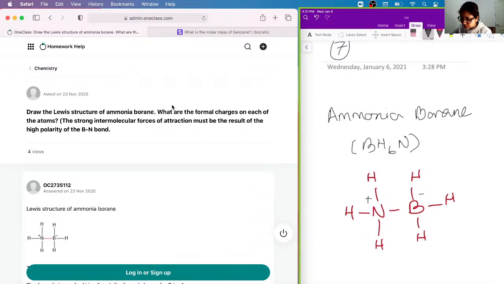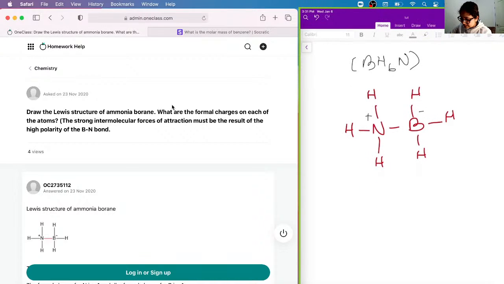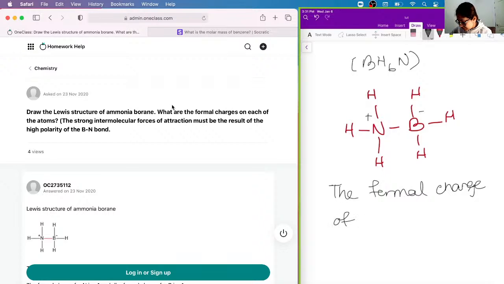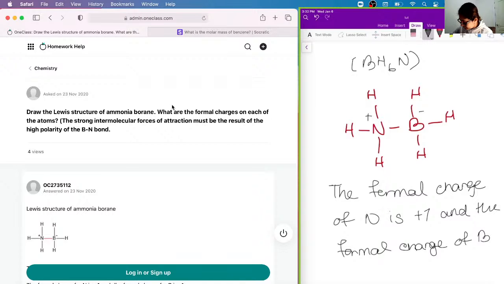And so you can say that the formal charge of nitrogen is +1, and the formal charge of boron is minus 1.